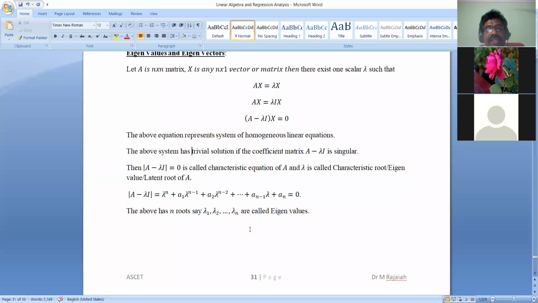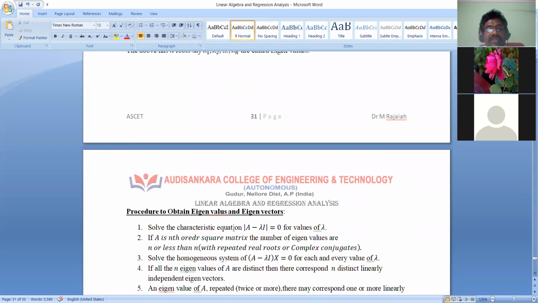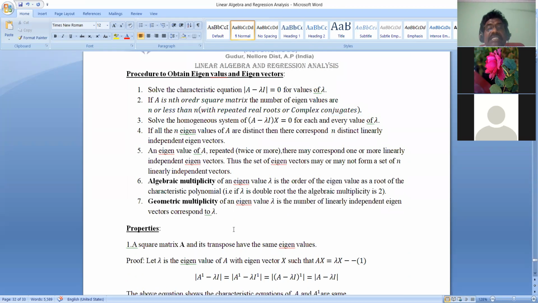For each corresponding eigenvalue, we get a vector. That vector is called an eigenvector of the given matrix. So lambda 1, lambda 2, up to lambda n have the eigenvectors X1, X2, X3, up to Xn of the given matrix. Now we want to discuss the procedure to obtain the eigenvalues and the nature of the eigenvalues.